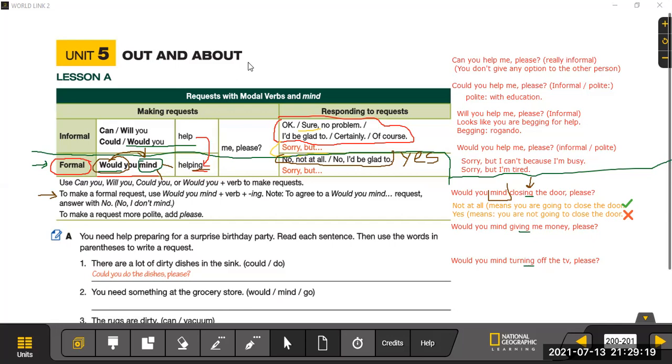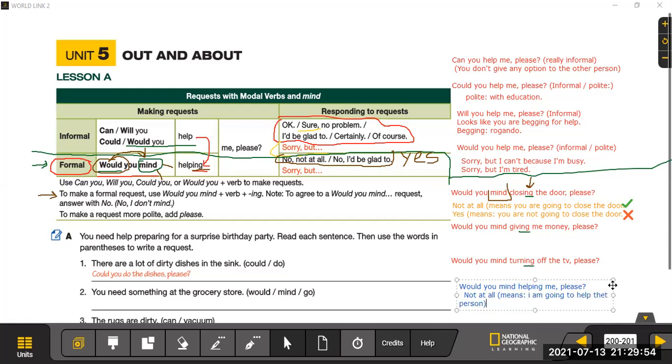Okay. I am going to use the example with would you mind helping me? Would you mind helping me, please? So let me change the color. If I say, would you mind helping me, please? If I say not at all, means I am going to help that person.